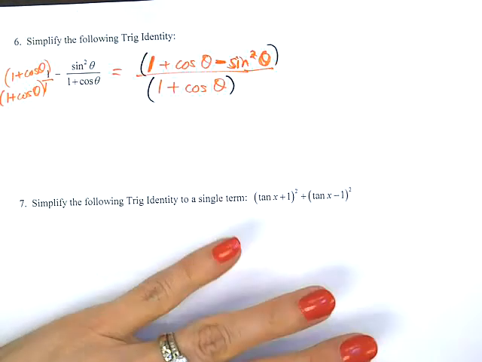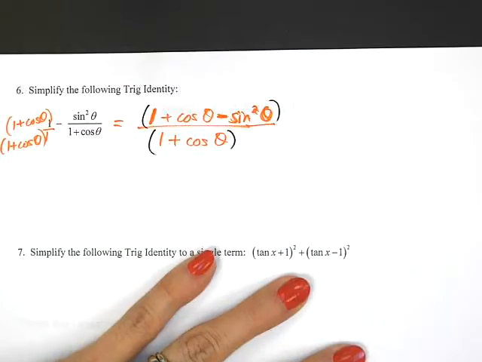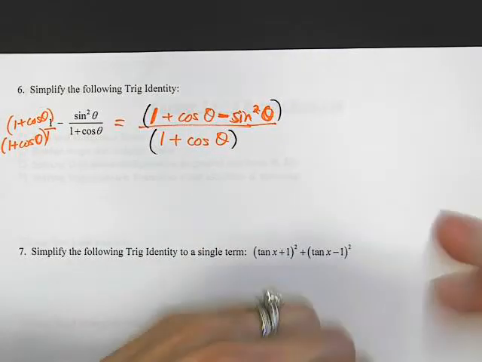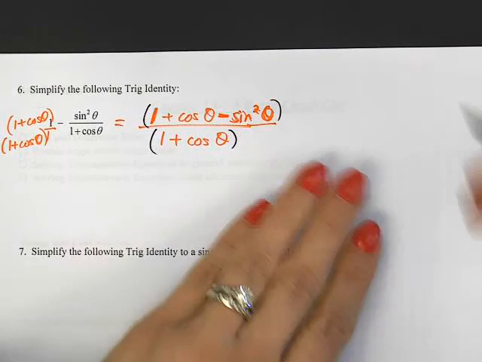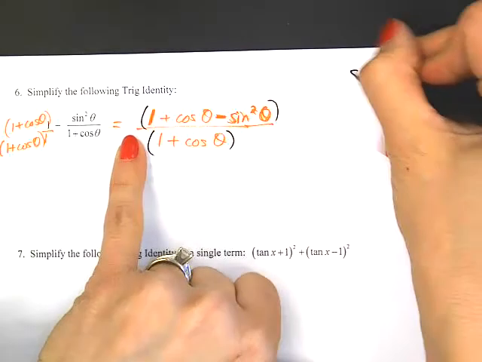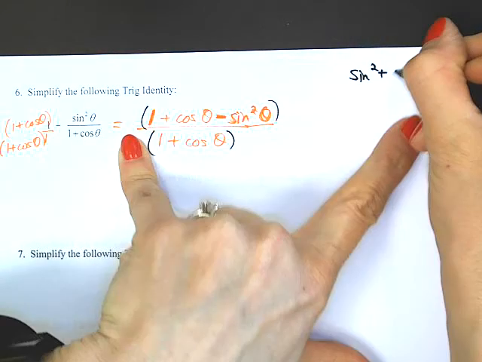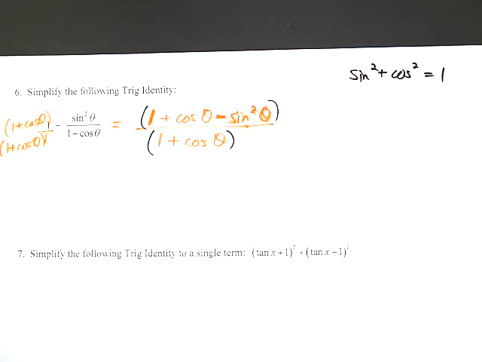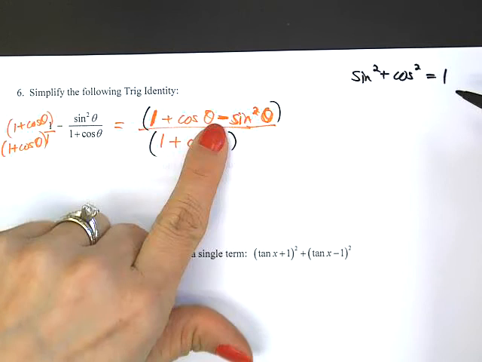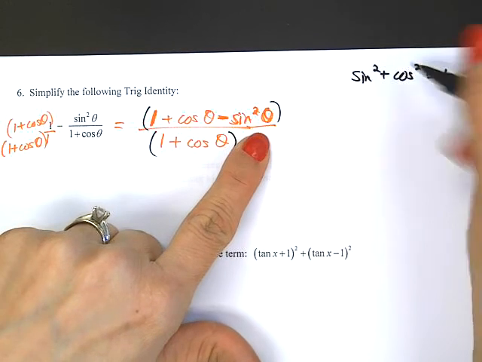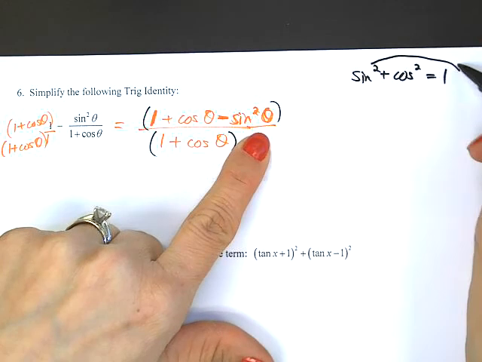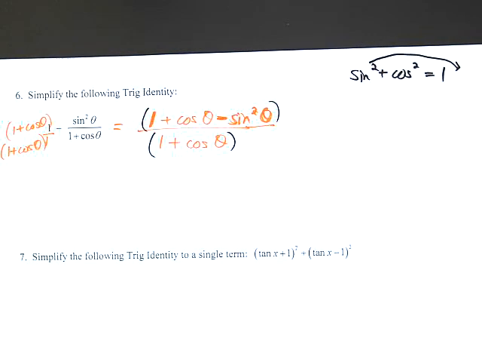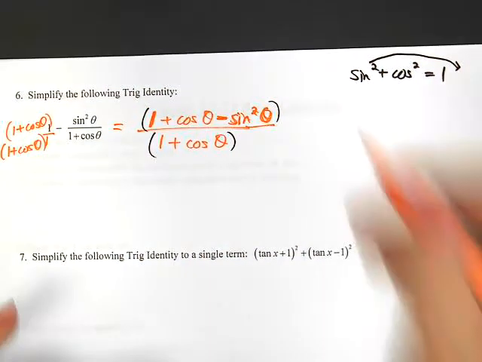You might be a little rusty from this chapter, so let's go ahead and write everything down. You probably were able to do it in your mind back then, but not now. Sine squared plus cosine squared equals 1. Okay, that's enough. Just write that down. 1 minus sine squared. If I have the 1, and I minus the sine squared, that leaves me with cosine squared.